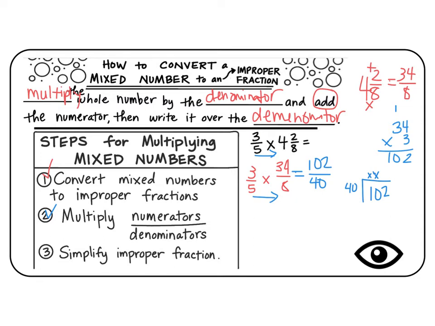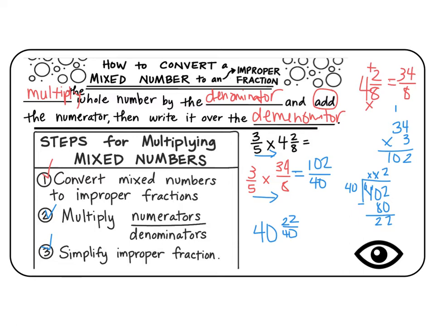So we can only go in 2 times, which is 80. And we subtract. 2 minus 0 is 2, and 10 minus 8 is 2. So that would give us 2 and 22/40. So you can see our steps are a little bit longer, but we're following the same steps.